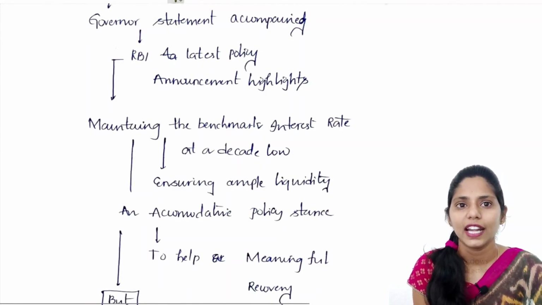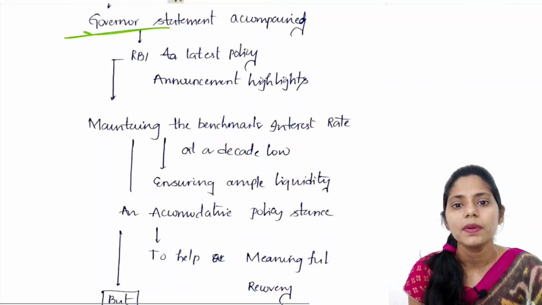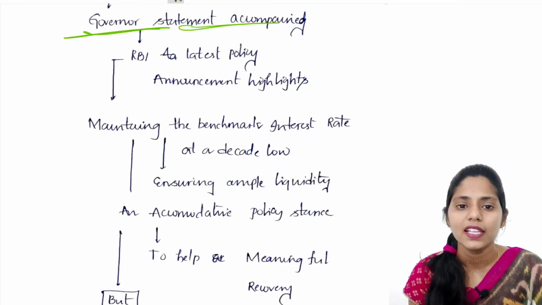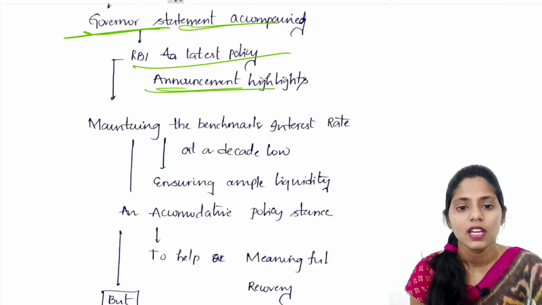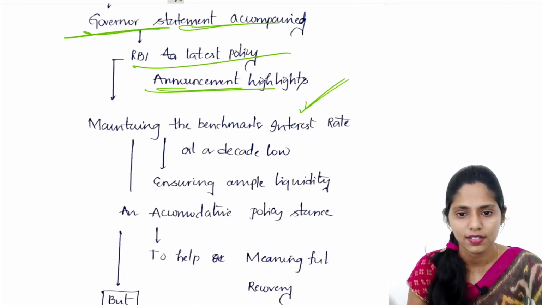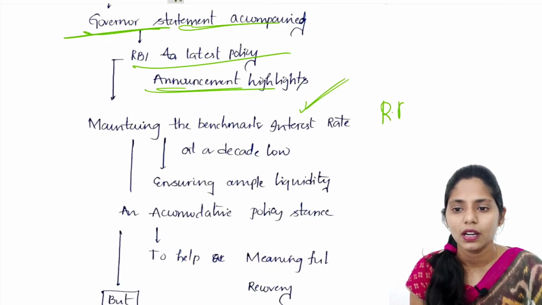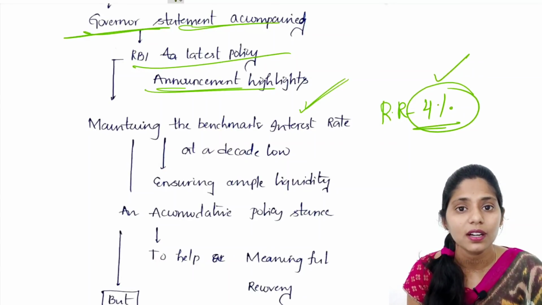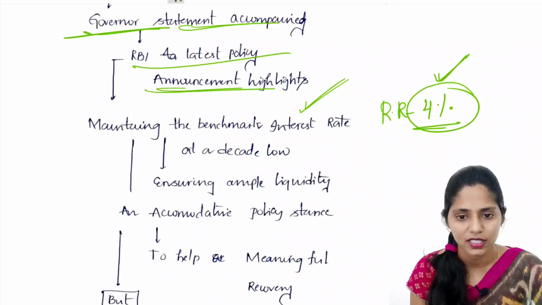If you see the context, it says that the RBI governor came up with a statement. He said that RBI's latest policy announcement says that they are going to maintain the benchmark interest rate. They are going to maintain the repo rate of 4%. Okay.